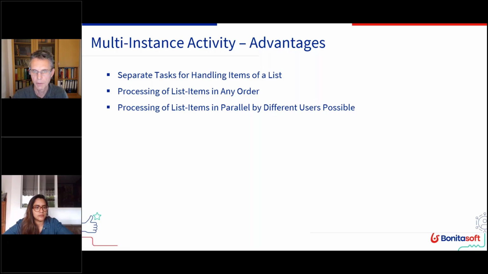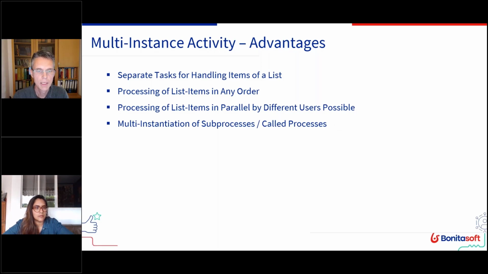For example, if we have different users working on these different items, then that can be done in any order by different users and also in parallel. And we can use this also for sub-processes or called processes, as we have used in the first example. So we can do this for tasks, but also for sub-processes.